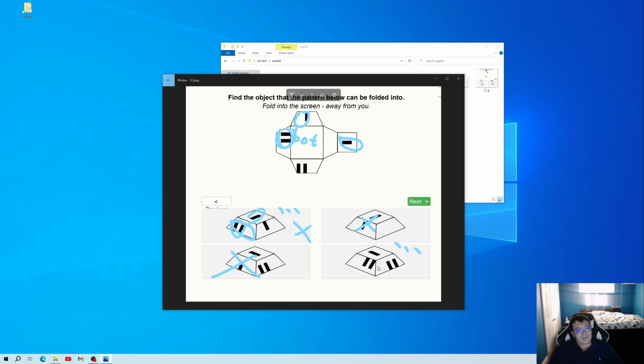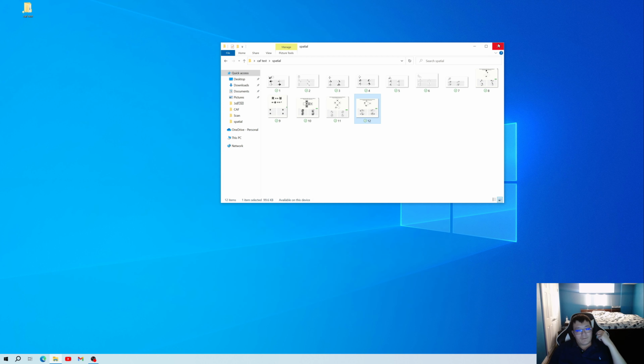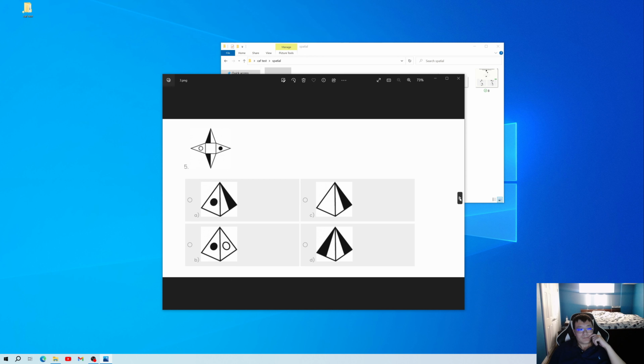Okay, that's all I have for you for the spatial part, and hopefully you got a good mark and used a little bit of technique. All of these techniques are actually very helpful when you do a lot of practice. So make sure you do a lot of practice and get very familiar with these techniques, because all these techniques are very useful when you run it very fast to determine which wrong answers you can eliminate.